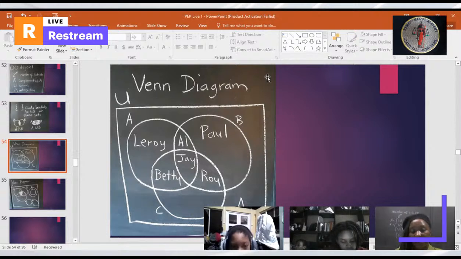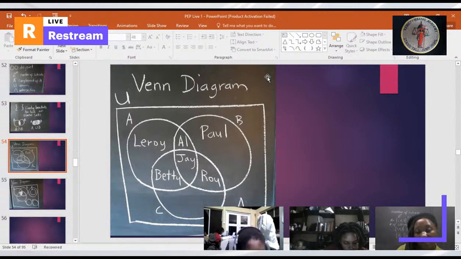So let's go again. C intersect B, that's J and Roy. A intersect B would be J and Al, and A intersect C would be J and Betty.